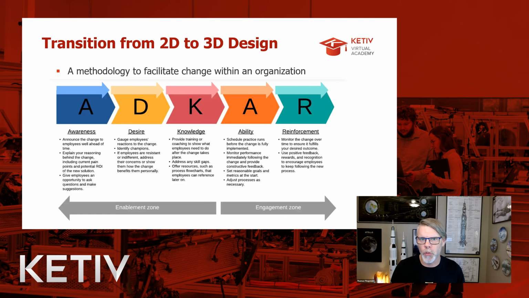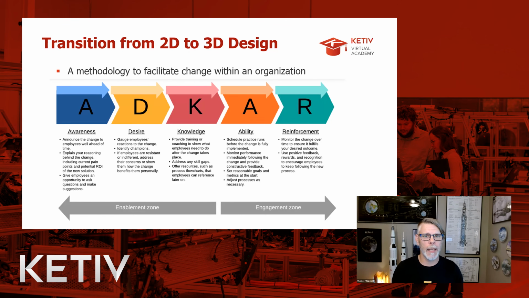We're going to change tools, we're going to change process, we're going to change workflows, we're going to change all sorts of different things around engineering, going from 2D to 3D. But the biggest thing that's going to change is our people, right? So we need to be aware of how transitioning from 2D to 3D is going to impact people.